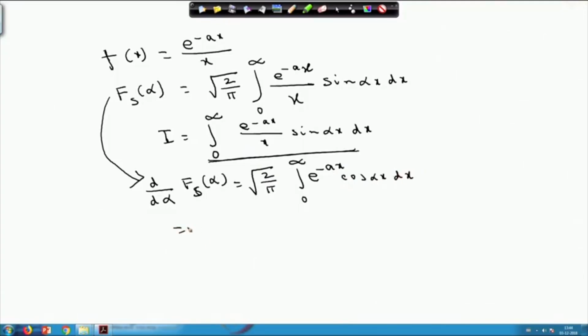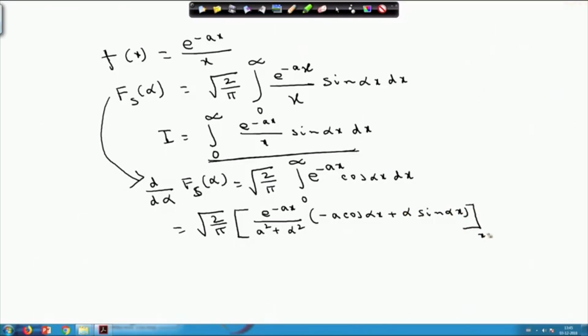Using the normal integration by parts, I can integrate this, and you will obtain e power minus a x by a square plus alpha square into minus a cos of alpha x plus alpha sin of alpha x, with x ranging from 0 to infinity.